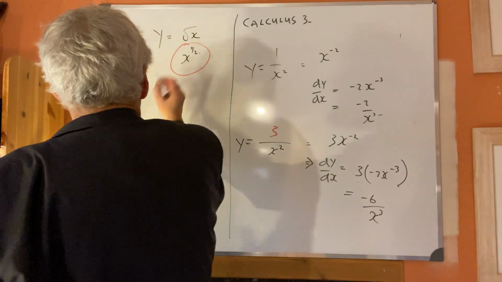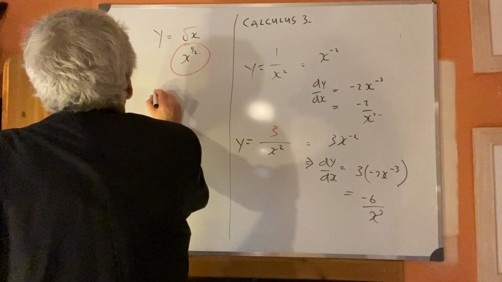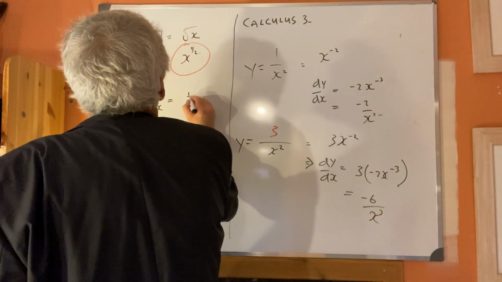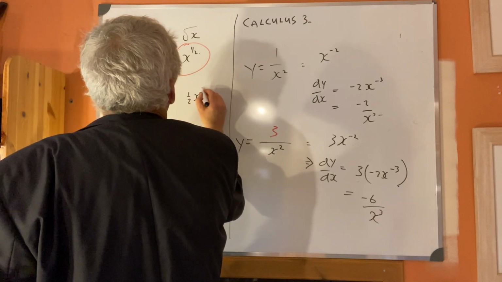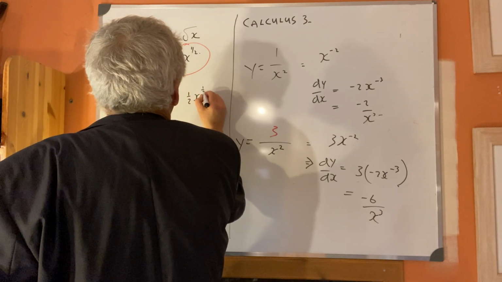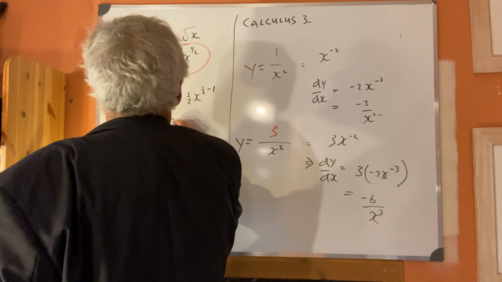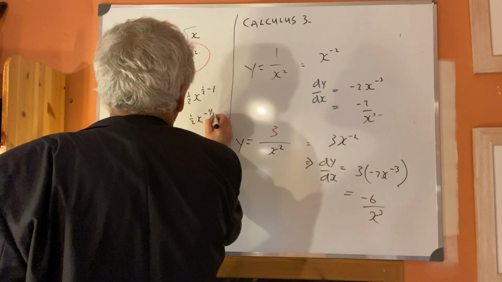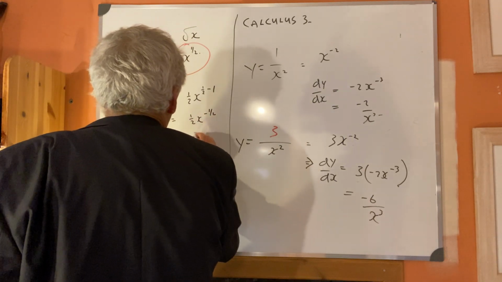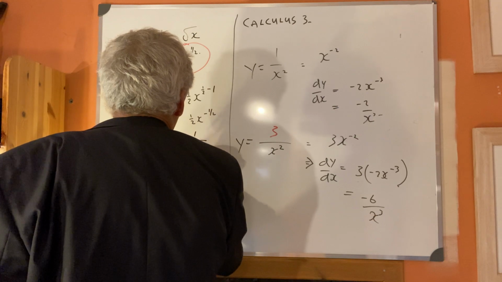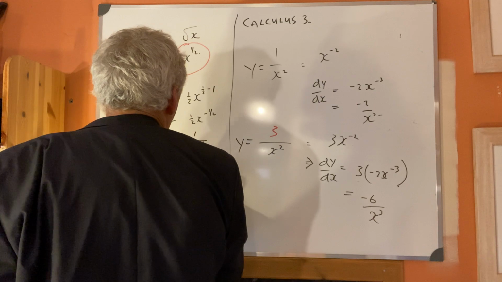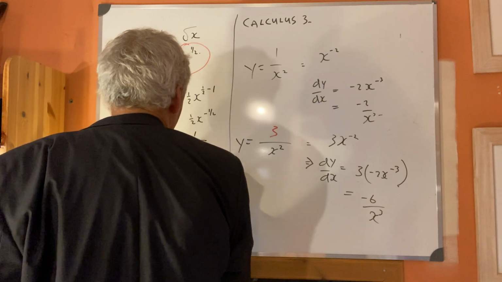But if we are to differentiate that, we proceed in exactly the same way. dy dx is equal to a half x to the power of a half minus 1, and that's equal to a half x to the power of minus a half, which is equal to 1 over 2x to the half, which is equal to 1 over 2 root x.